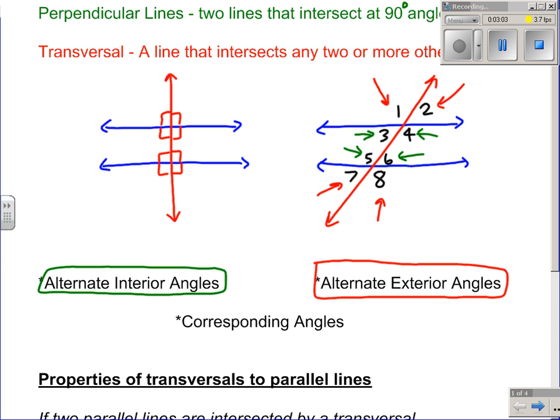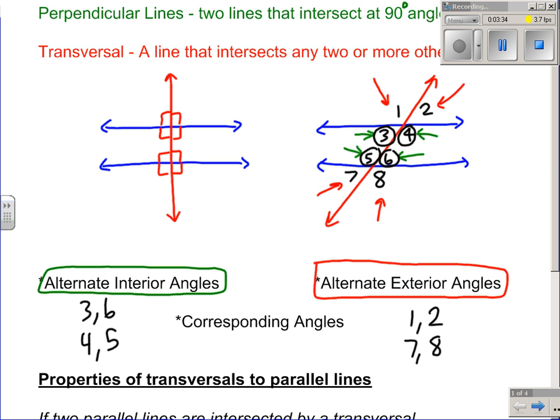So, if we had to list the alternate interior angles, that would be angle 3 and angle 6, as well as angles 4 and 5. Our exterior angles are 1 and 2 and 7 and 8.